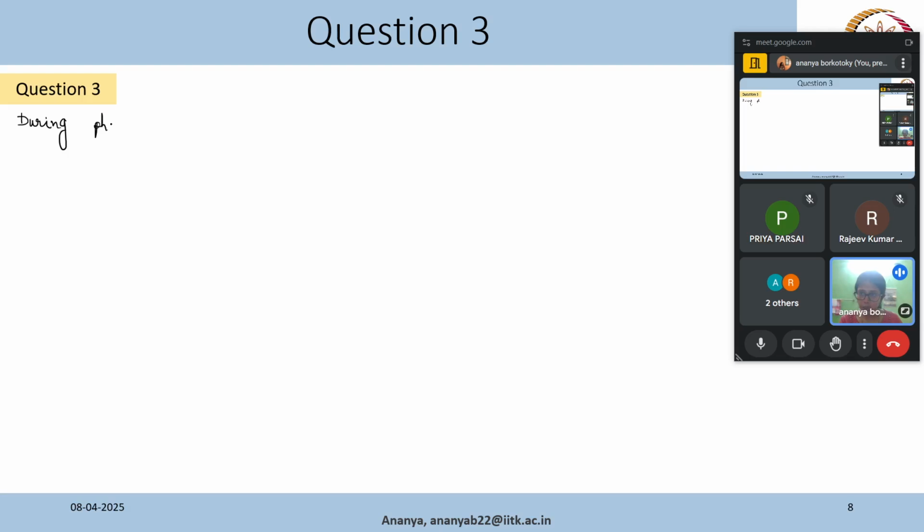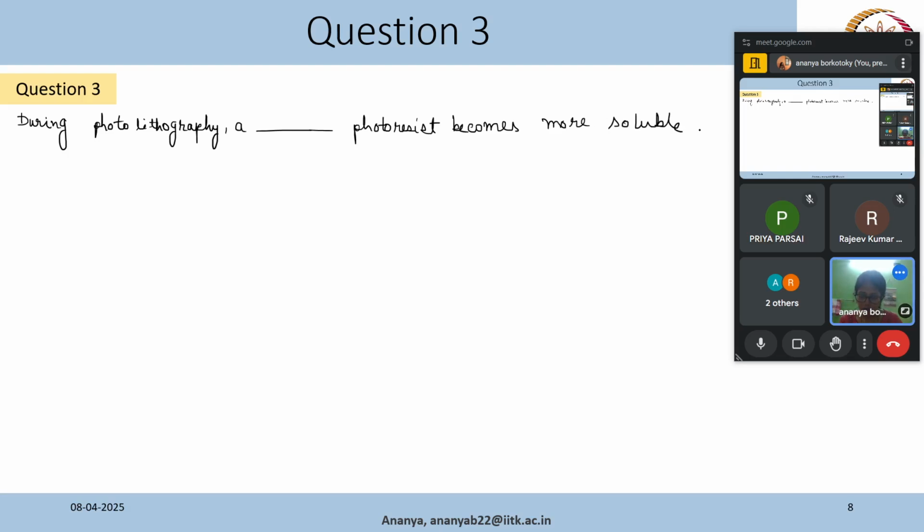During photolithography, a dash photoresist becomes more soluble in developer when exposed to UV light.